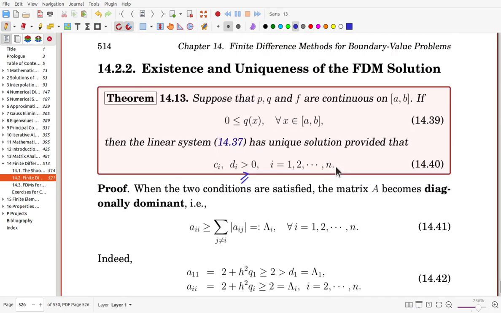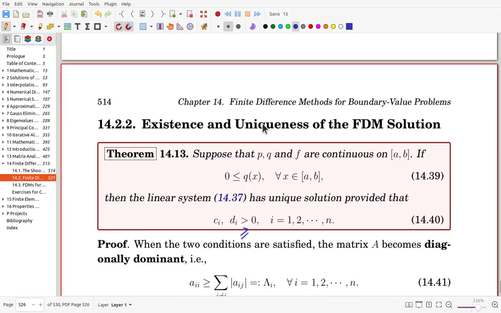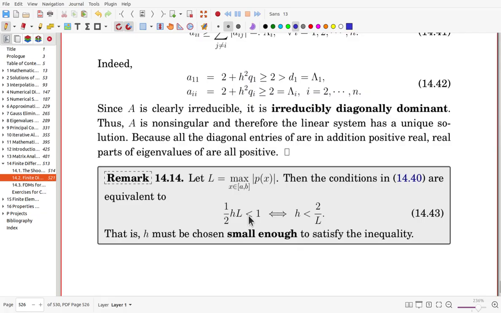So here positive means that in this definition, this must be larger, and in negation also, it cannot be less than or equal to 1. That is exactly the same as this condition. Also, this is the same as h is less than 2 over L. So here, if we choose h small enough, then always we have a unique solution.